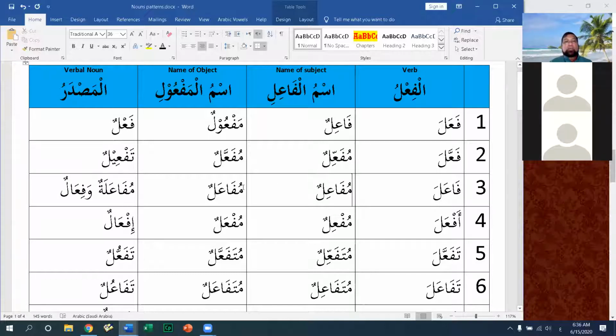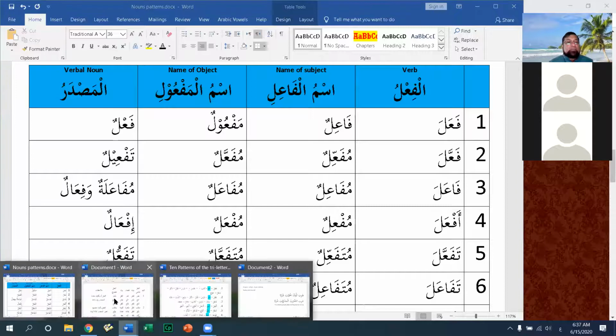Ismul maf'ul, mufa'alun. And for the masdar, we have two patterns on the third pattern of the trilateral verb, mufa'alatun and fi'alun. So both mufa'ala and fi'alun are acceptable patterns. So let's take some examples for fa'ala.